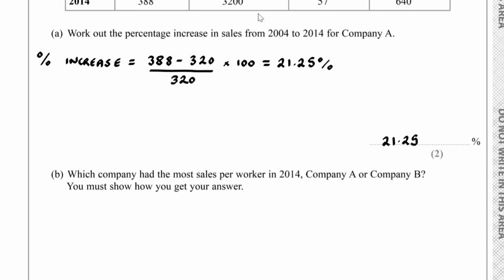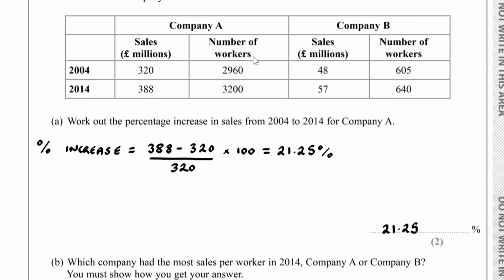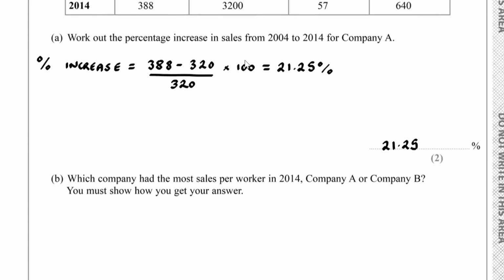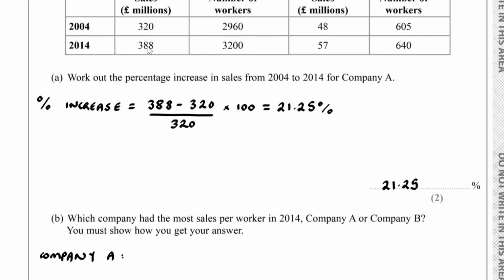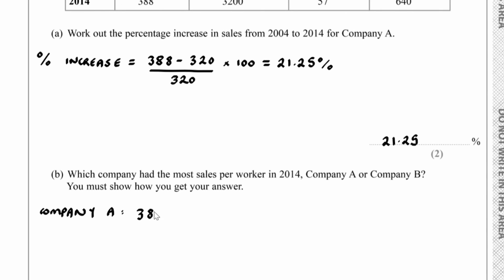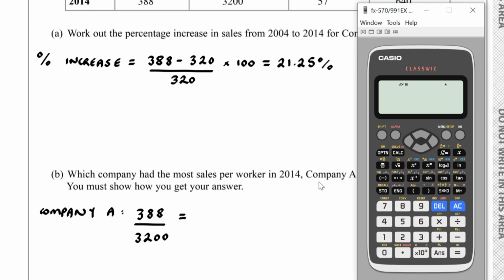So what we are looking at over here is, in 2014, the sales per worker. So let's take a look at company A. Well, we would have to do 388 divided by 3,200, and if I work out what this is, we would get 0.12125 million per worker.